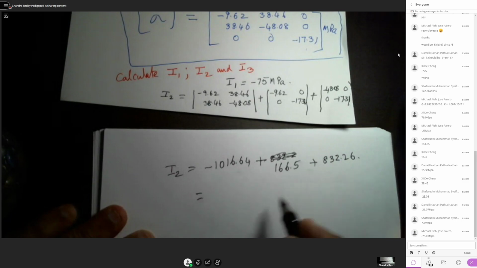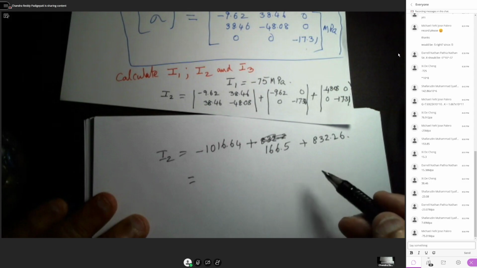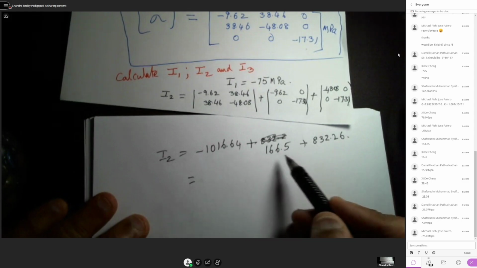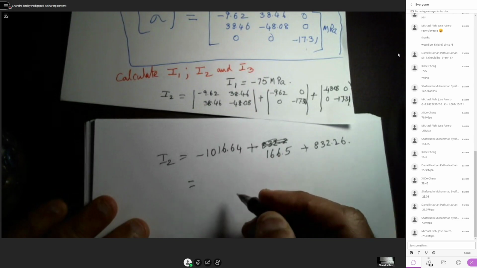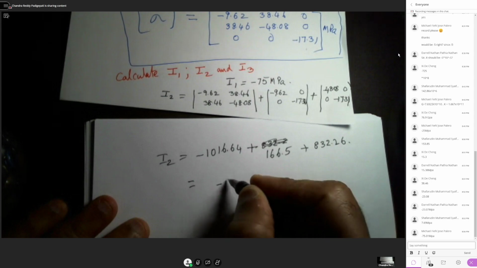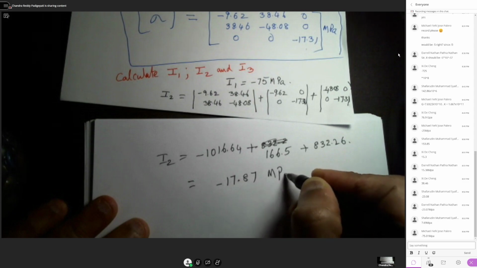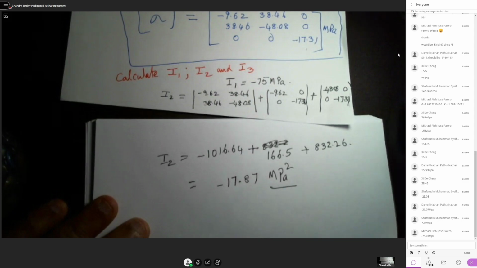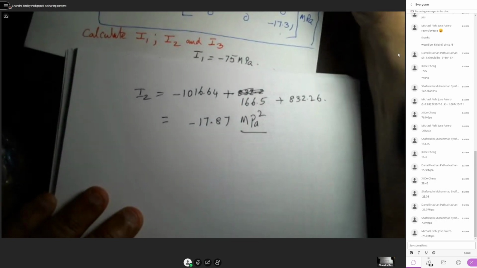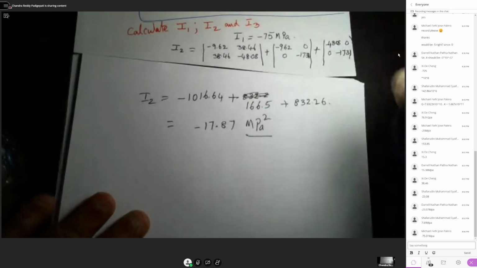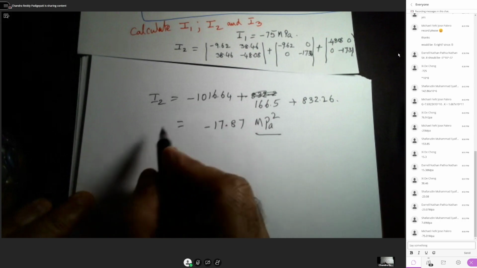Once you add up these three things, and you write in megapascal square, this is negative, these two are positive. So the final answer will be negative 17.87 megapascal square. Okay, so this is the second invariant.